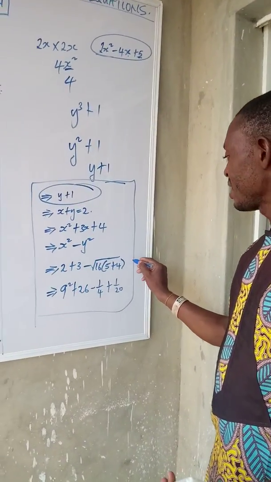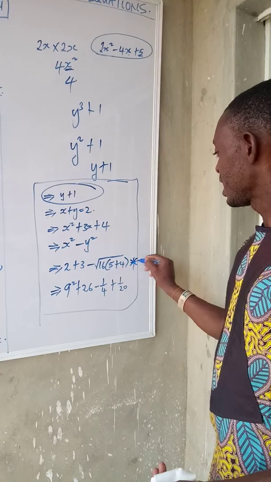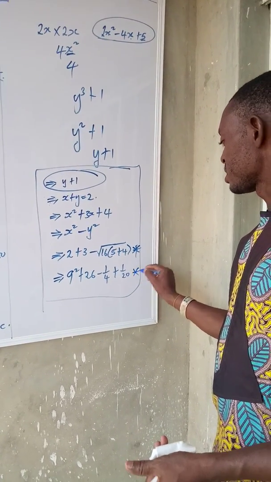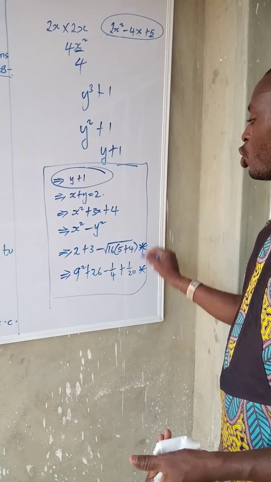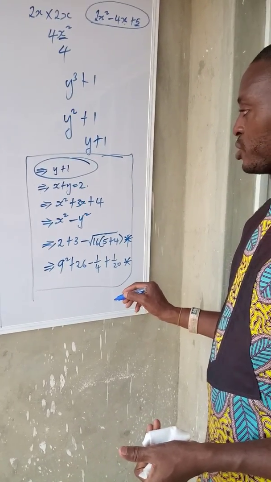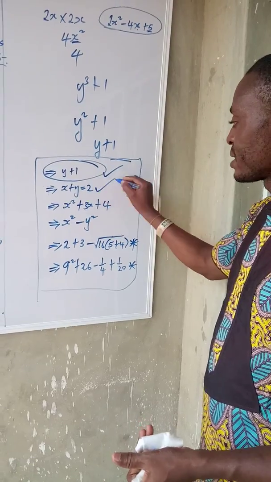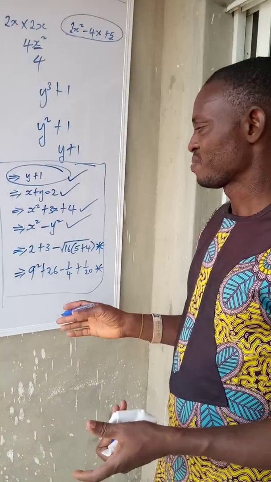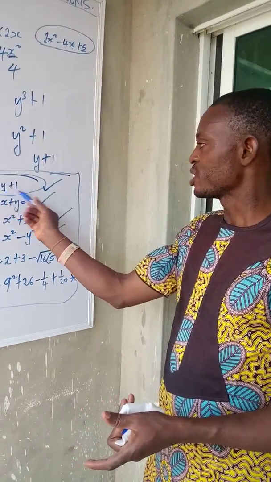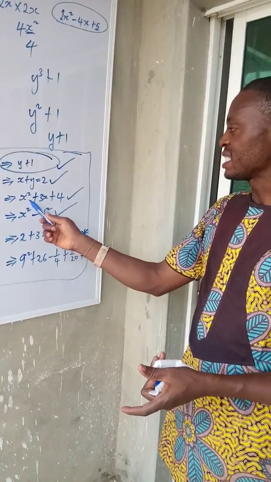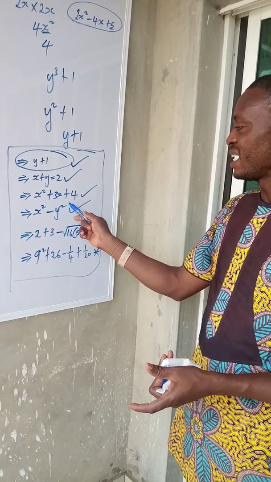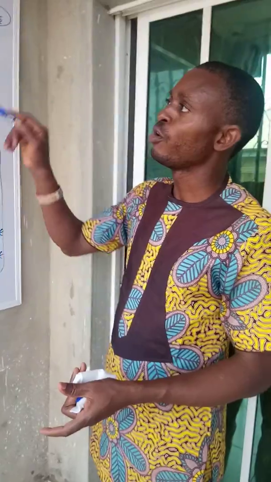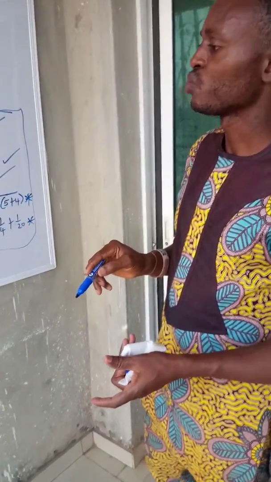This one is never going to be seen as an algebraic expression. Likewise, these two are not algebraic expressions, but these four will pass for algebraic expressions because they have letters. These have letters mixed with a number, letters mixed with numbers, and then these are purely letters, and they pass for algebraic expressions.